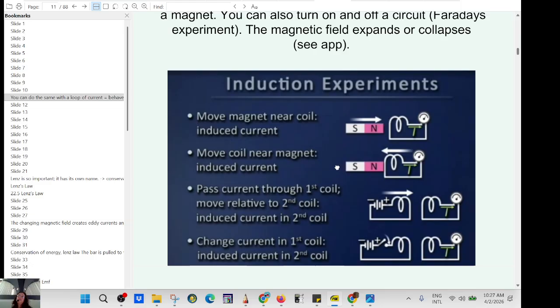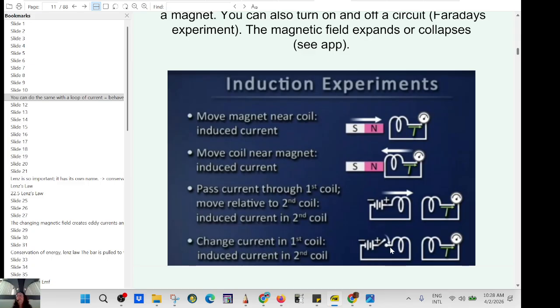Okay, the induction experiment doesn't have to be done with a magnet. It could be done with an electromagnet, or, for example, you can open or close a circuit. If you close a circuit, the magnetic field will expand. If you open a circuit, it will collapse.